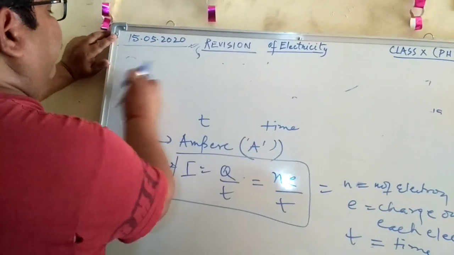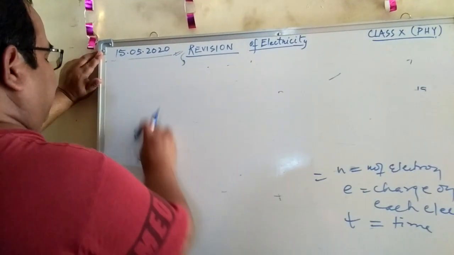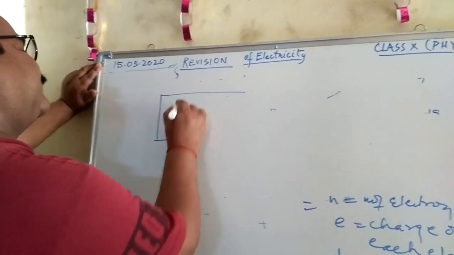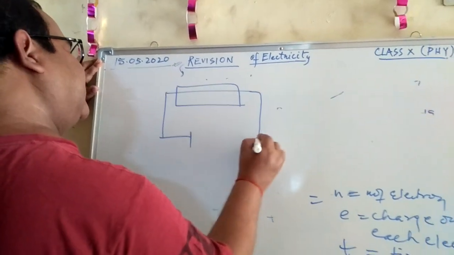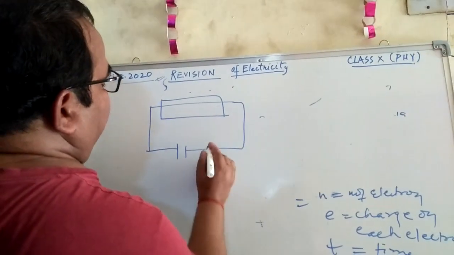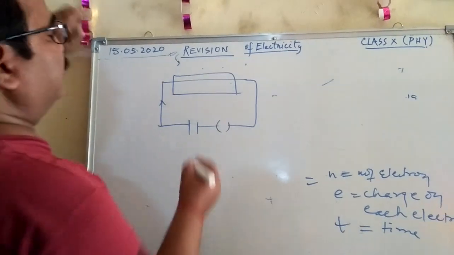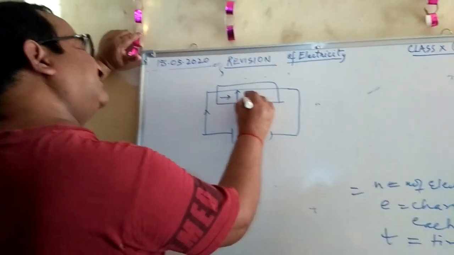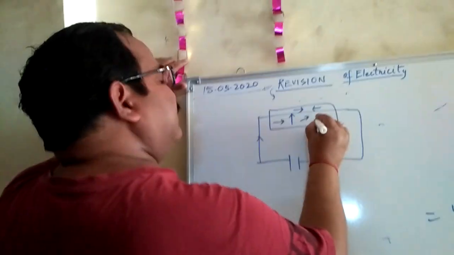When we look into circuits, if the circuit is not connected to a source of electricity, the flow of charge is very random. We can't specify the direction of all the charges.